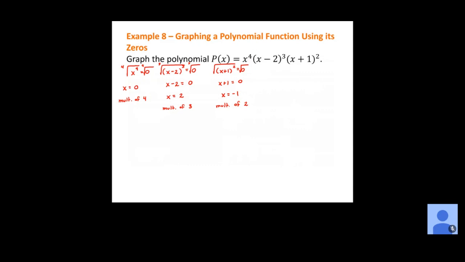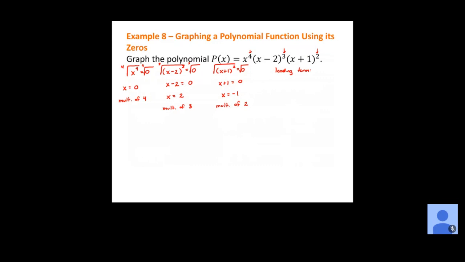Now, the last piece we need is our leading term, because if I know the leading term, then I know my end behavior, and then we can sketch this. Notice none of the x's have coefficients, so the coefficient of our leading term is just going to be 1, because all those 1's multiplied together is 1. Now the exponent: we have an x to the 4th, an x cubed, and an x squared. Remember, when we multiply, we add exponents.